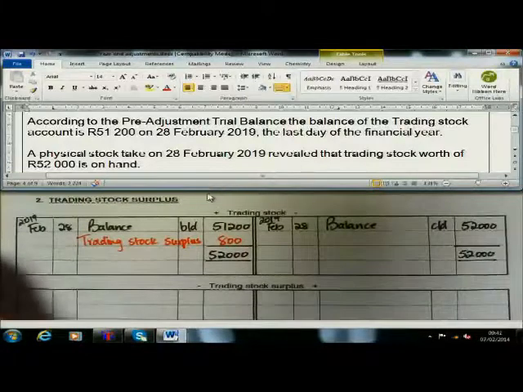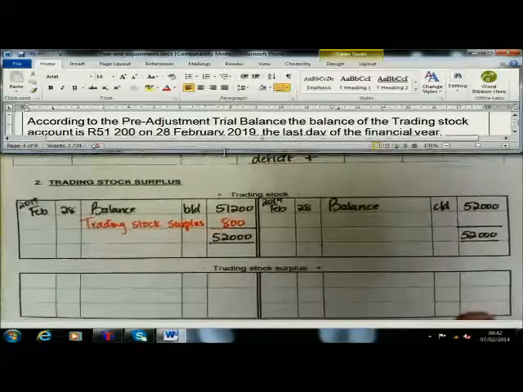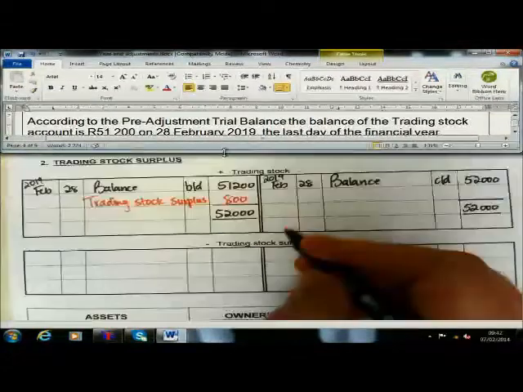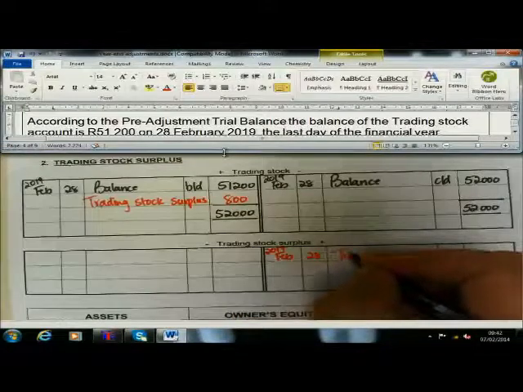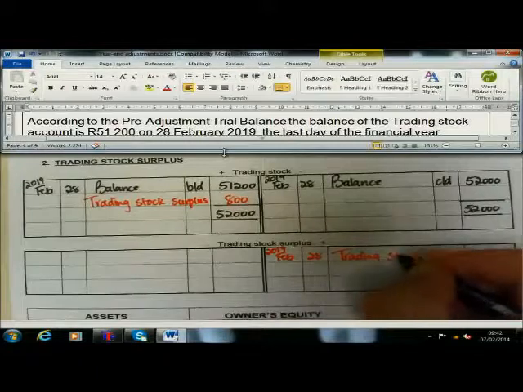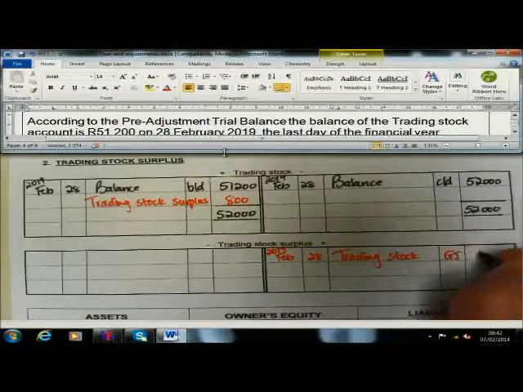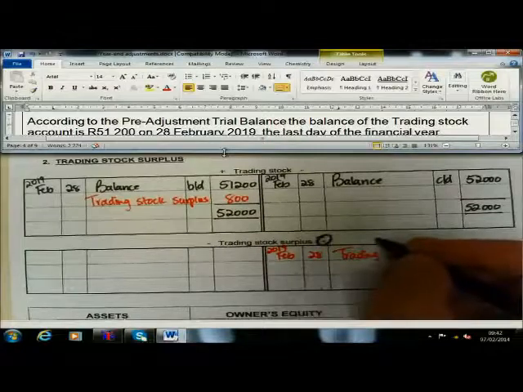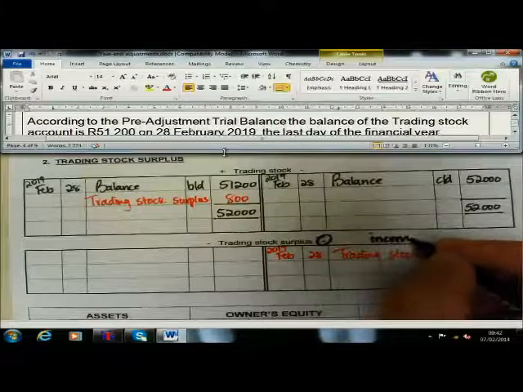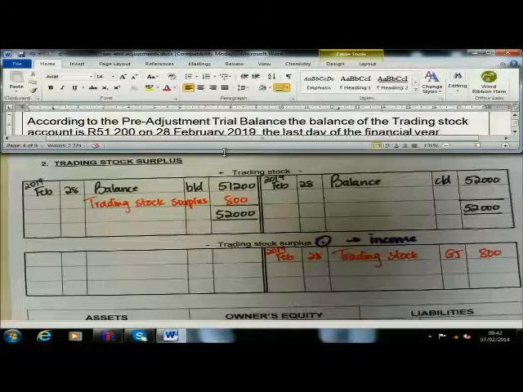On the credit side of trading stock surplus, we've got there 2019, the last day of the year, February 28, trading stock. GJ, 800 Rand. Trading stock, 800 Rand. This is an income for the business. You can see the plus is on that side. It happens, not as often as the trading stock deficit, but there can be a trading stock surplus in your books.